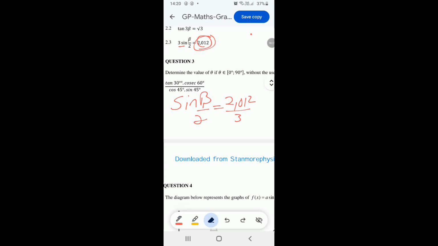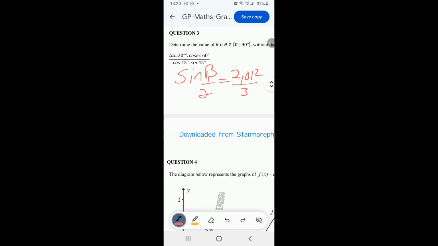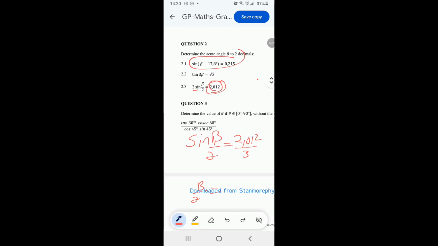Let me create some space. I have a problem with space. b over 2 is equal to 2,012 divided by 3. Let me check. Oh, I skipped 2.2. No problem, I'll come back. So we have 0,67, doesn't matter as long as I round to 2 decimals.